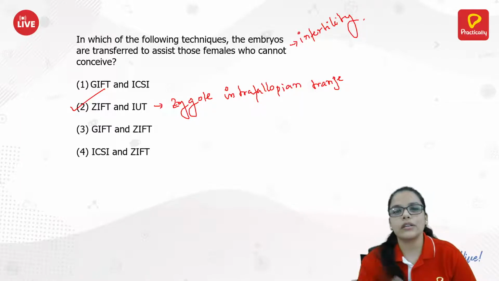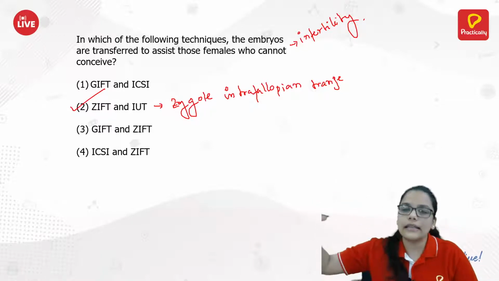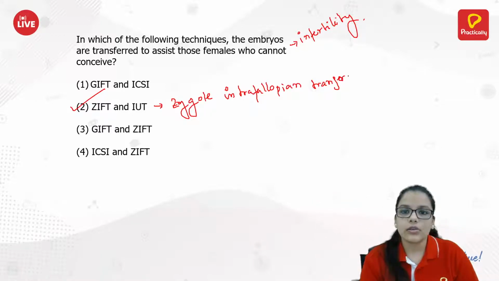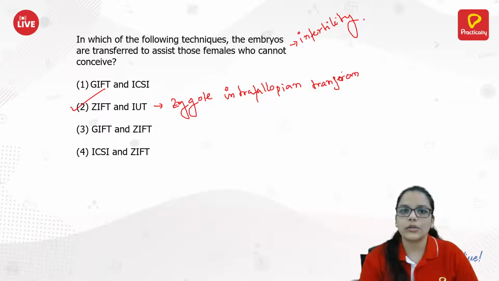When there is a block in the fallopian tube, what they do, they take the egg out and directly put it into the, like, it is directly inserted, okay, with the help of laparoscopy. Instead of going through the fallopian tube when it is blocked, they take it out and they directly do it in situ. Okay, and IUT is intrauterine transfer.